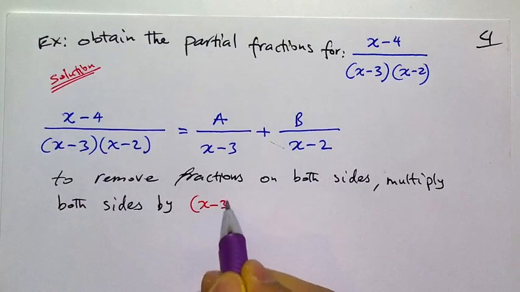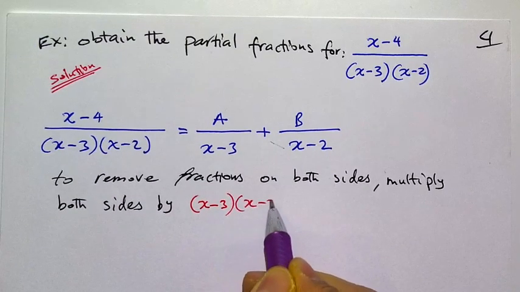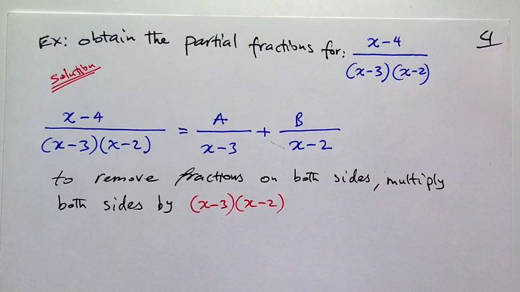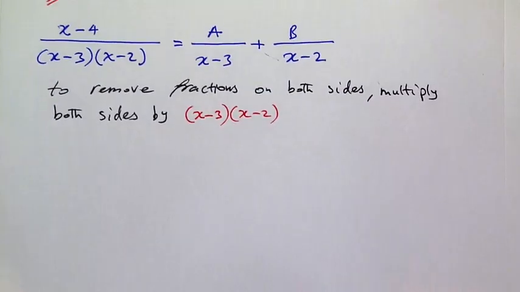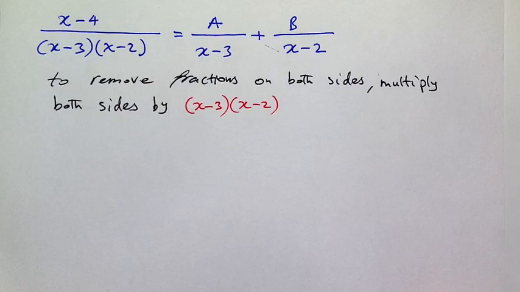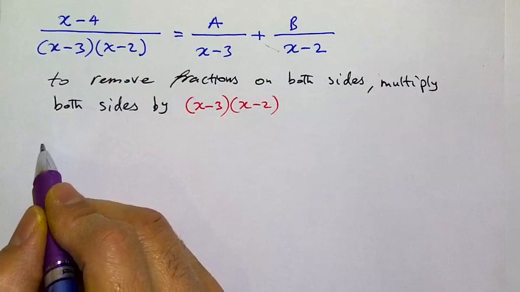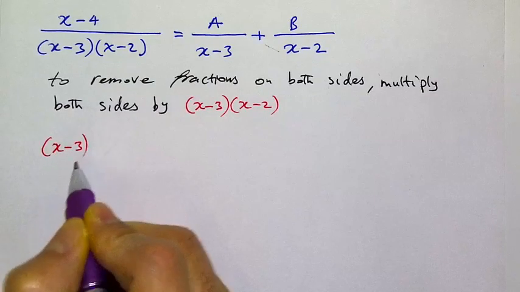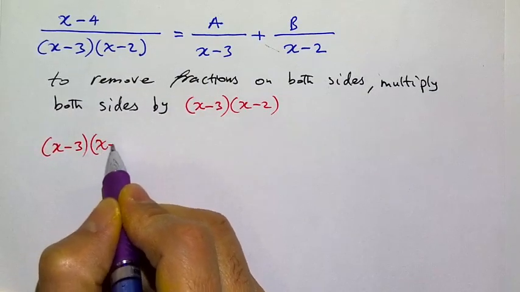So multiply both sides by x minus 3 times x minus 2. Let's do that. I'm going to do this step by step so you can follow, but if you can do it faster, then do it faster. I want to make sure that everybody's following this procedure, so I'm going step by step.